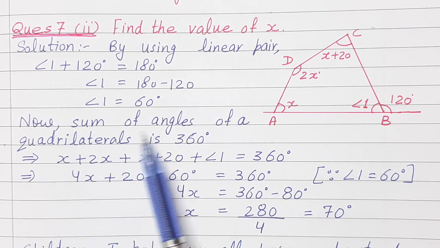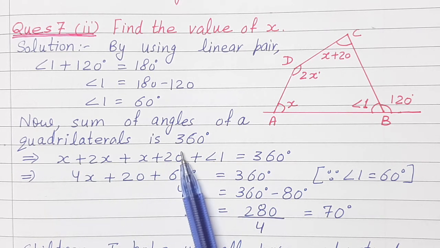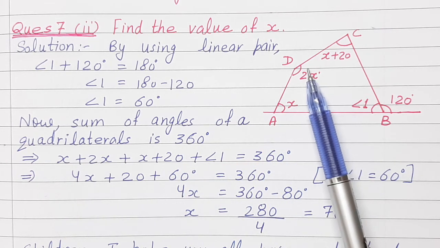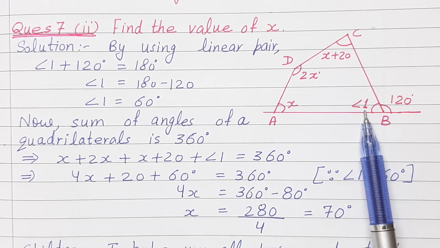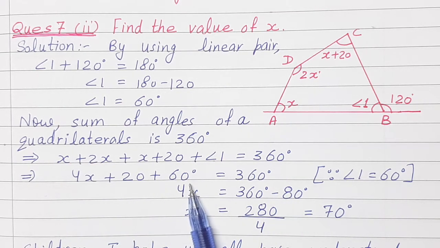Now, sum of angles of a quadrilateral is 360 degree. Therefore, x plus 2x plus x plus 20 plus angle 1 is equal to 360 degree, right? Now adding all this, we will get 4x is equal to 280.